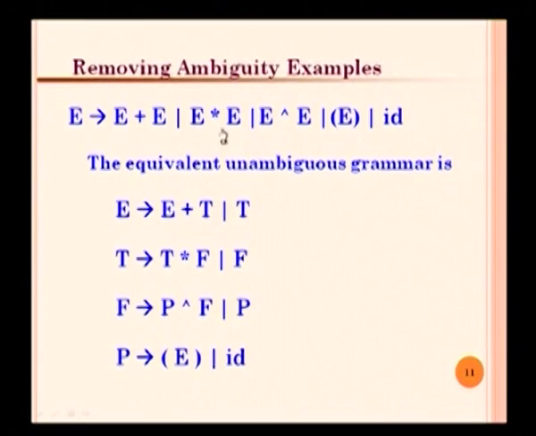But in the original grammar with ambiguity, on the left hand side of asterisk, it is possible to generate an expression with plus. So, this plus will be forced to evaluate even before the evaluation of this asterisk. That is the reason why the ambiguity was created in this grammar. So, this is the rewritten grammar without any ambiguity.